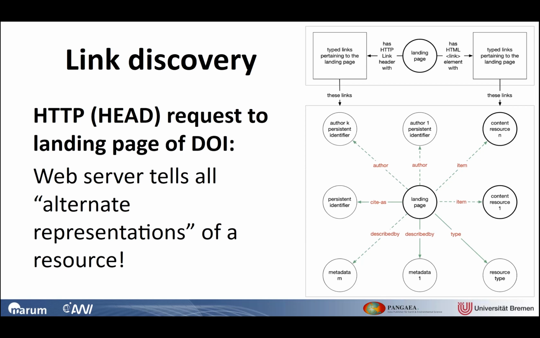One is that it's mentioned inside the HTML page, which makes it easy for crawlers like Google to get all that machine readable information. The other one, which is much easier for scripts, is the so-called HTTP link header, which gives you all the representations, not only the landing page, but also, for example, the download or the metadata in different formats in a machine readable way.